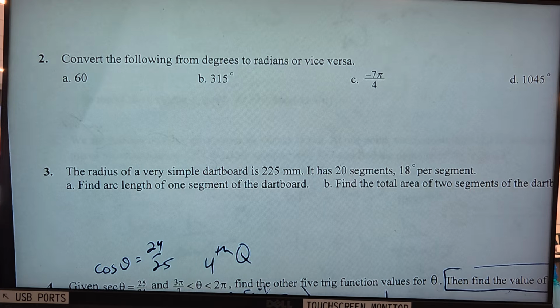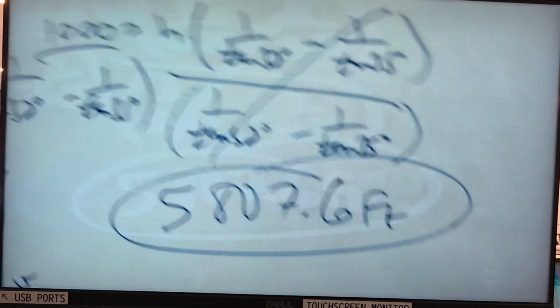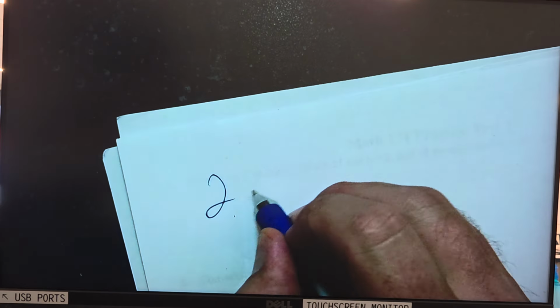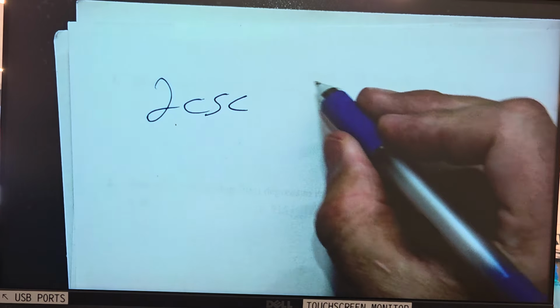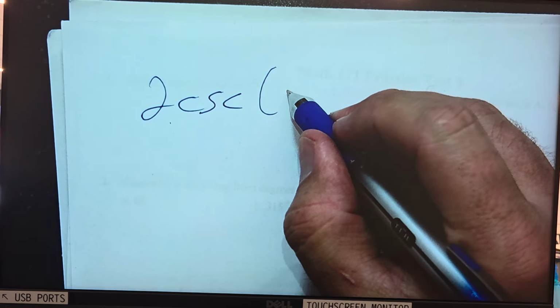Practice with graphs, so. So let's see. What if I said I want you to graph cosecant, 2 cosecants of what you got, Jeff?